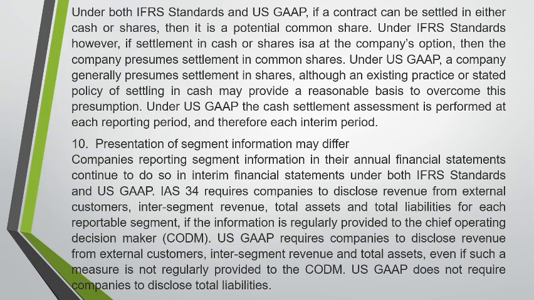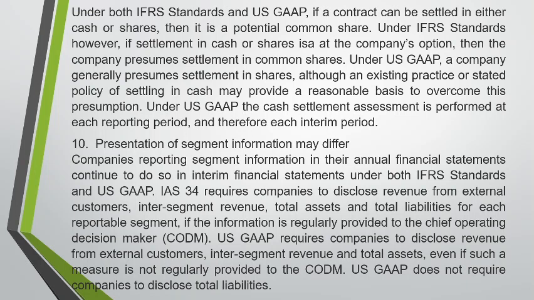Under US GAAP, the company generally presumes settlement in shares, although an existing practice or stated policy of settling in cash may provide a reasonable basis to overcome this presumption. Under US GAAP, the cash settlement assessment is performed at each reporting period, and therefore in the interim period.